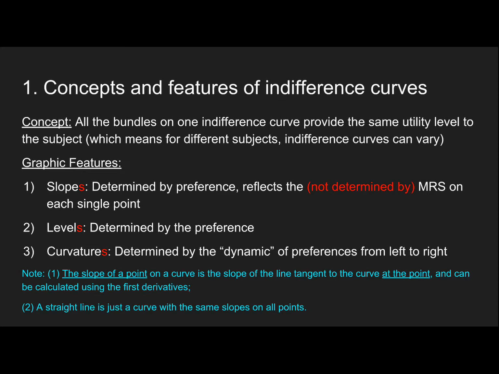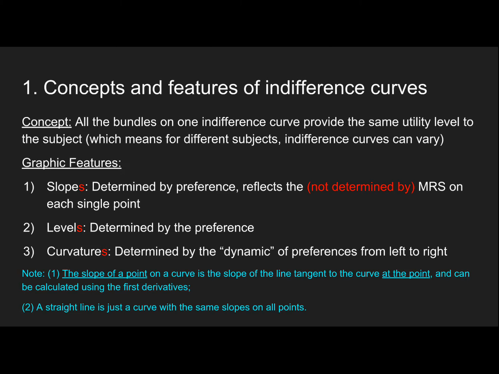Okay, and for the MRS, when you know the MRS, you can know the slope, because numerically, the MRS is exactly the negative of the slope. So I hope you can understand this, because the slope is not determined by the MRS, it reflects the MRS. Once you know the MRS, you know the slope, but that does not mean the MRS determines the slope.